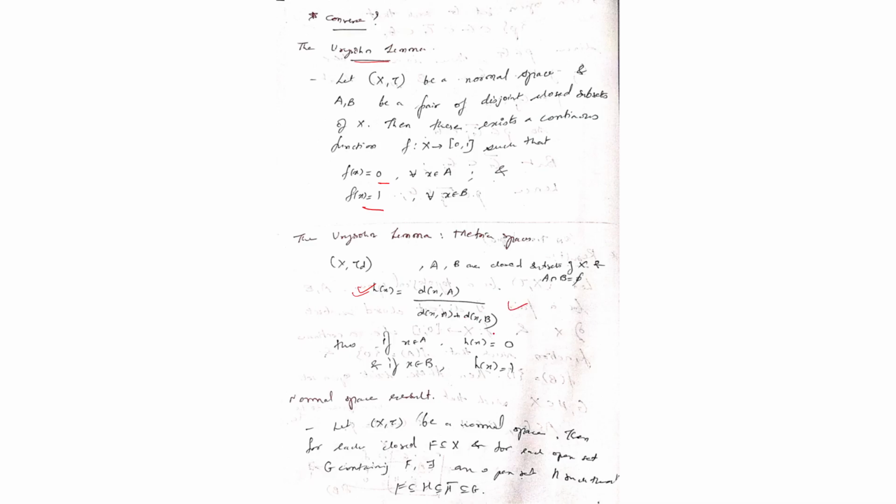If you verify here, then you will get that if x belongs to A, then h(x) will be 0, and if x belongs to B, then h(x) will be 1. So on metric spaces, Urysohn lemma is thus satisfied.